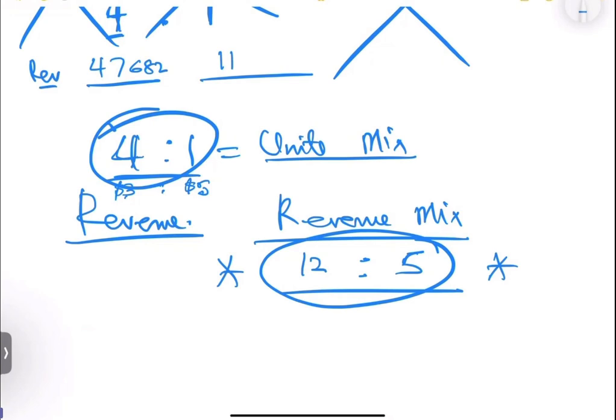You can see even when I'm teaching it, I can mix it up. So now think about you that you're just hearing it for the first time. So you need to practice questions. Make your mistakes early such that when you are doing the next question, you tell yourself, don't repeat that past mistake. Remember, when you are doing revenue analysis, you have to do the revenue mix. If you are doing a unit analysis, you use the unit mix.